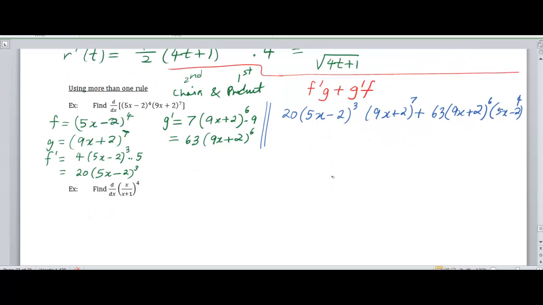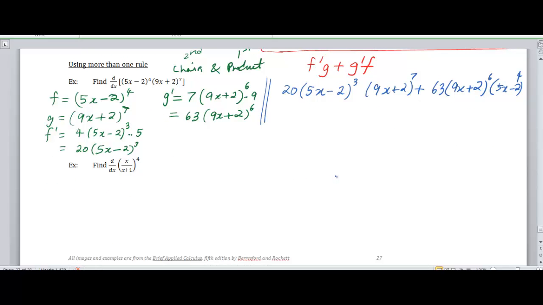Let's go to the next one. Now this one, you could do in multiple ways. We don't have a function raised to a power here, but we might have to use the chain rule. And also it's a quotient, so we know we have to use the quotient rule.